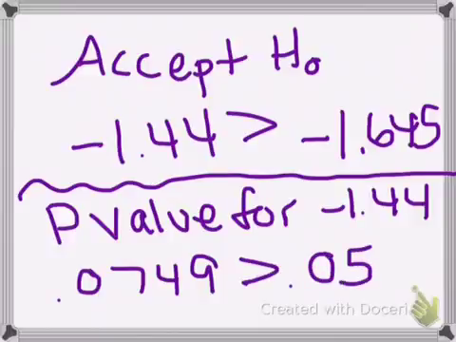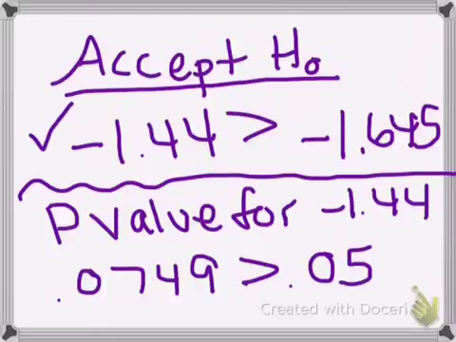So again, you would accept H naught. Doesn't matter what method you use, you're still going to get the same answer. The first method was classical, the second method was p-value. You pick the method you like and just stick with that method.